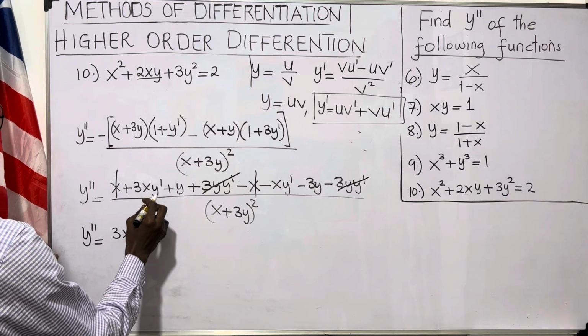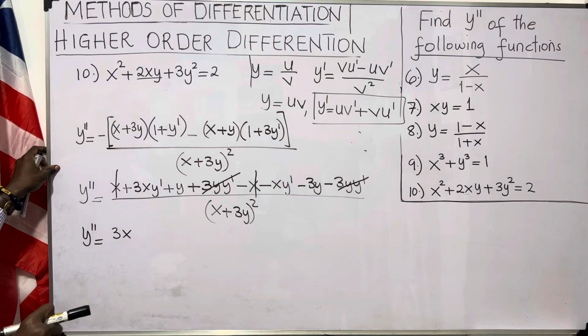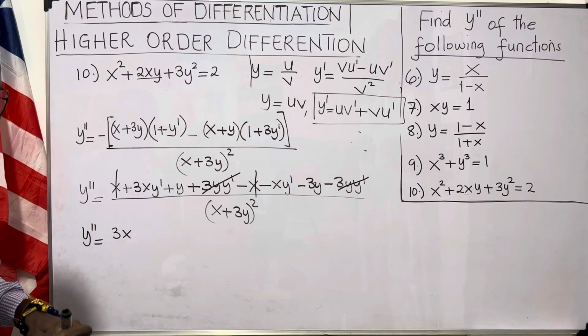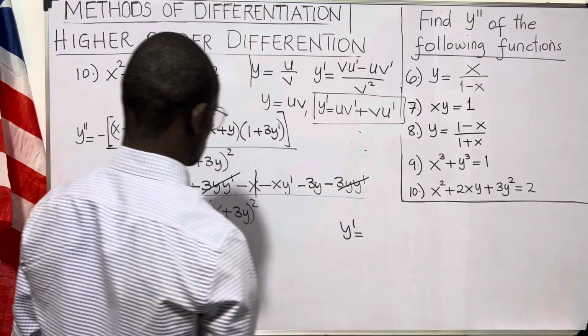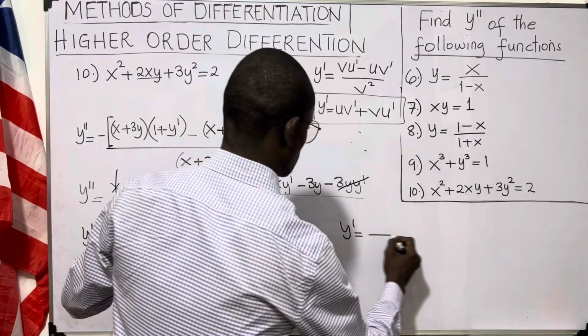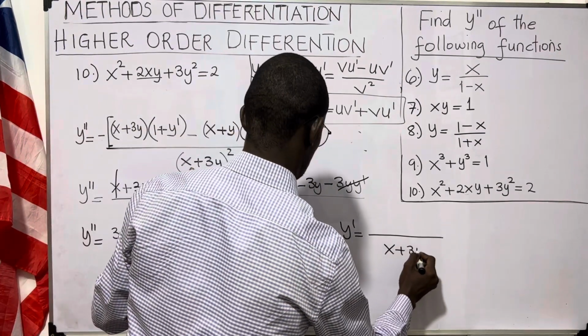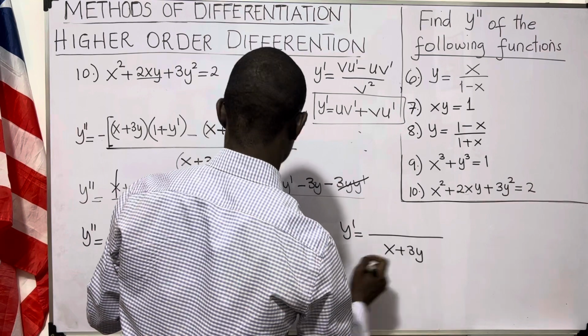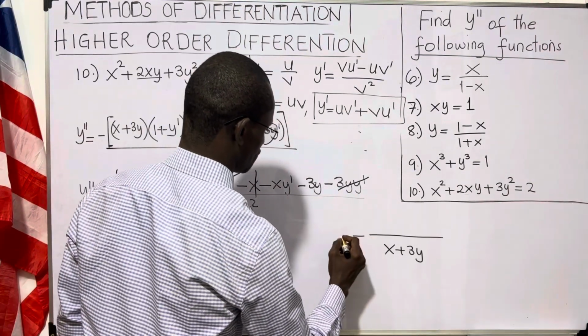What was y prime from the beginning? Oh, we did not put y prime on one side, but we can identify y prime. Now remember, this was the denominator, x plus 3y. So y prime was negative.